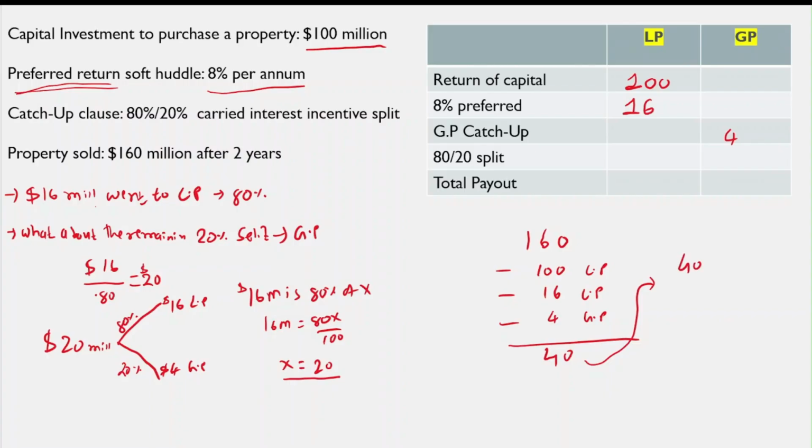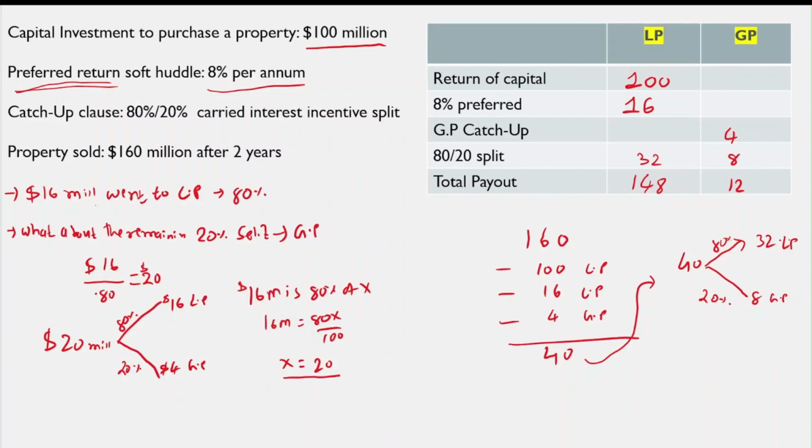So 80% of 40 million is 32 million, which goes to the limited partners, and then 8 million will go to the general partners. So there you have it. The total payout is going to be 148 and 12. Okay, so there you have it.